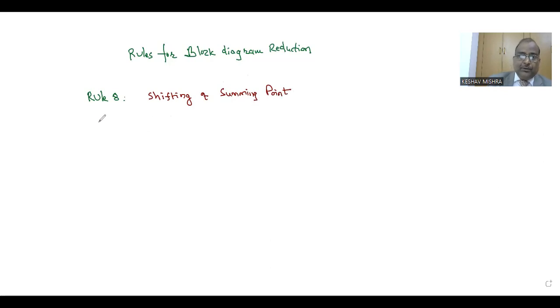block. So in case 1, suppose this R(s) is the input to the summing point, and this is the block representing one stage with transfer function G(s), output is C(s).